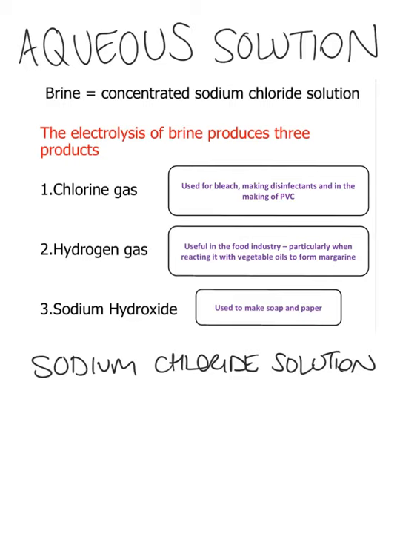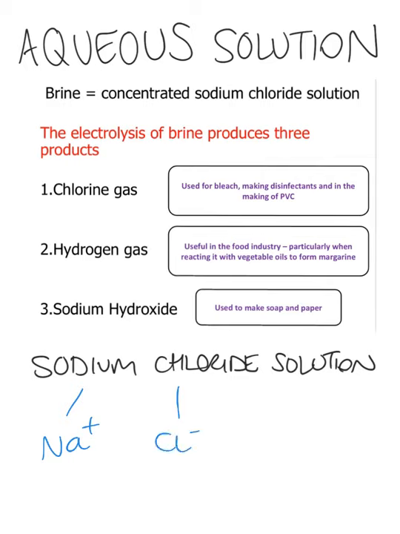Now, really quickly, I'm just going to talk you through the ions that would be in sodium chloride solution. So when you look at the electrolysis of just sodium chloride, if it's molten, you'd be looking at there being two ions, Na+ and Cl-, okay?